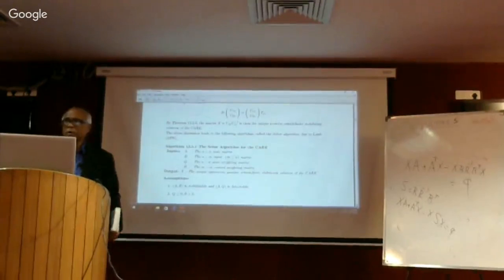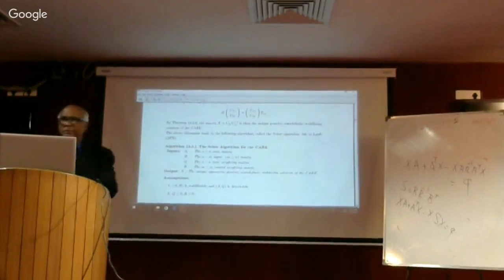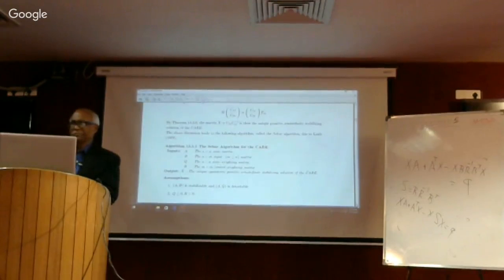Before I talk about this algorithm, I have to make one more remark. When we compute the real Schur form of a matrix A, we get the eigenvalues of A anyway, but they might appear in any order. If you want the eigenvalues to appear in a certain order, for example, all the eigenvalues of A with negative real parts first and then the other eigenvalues, we have to do some more work.